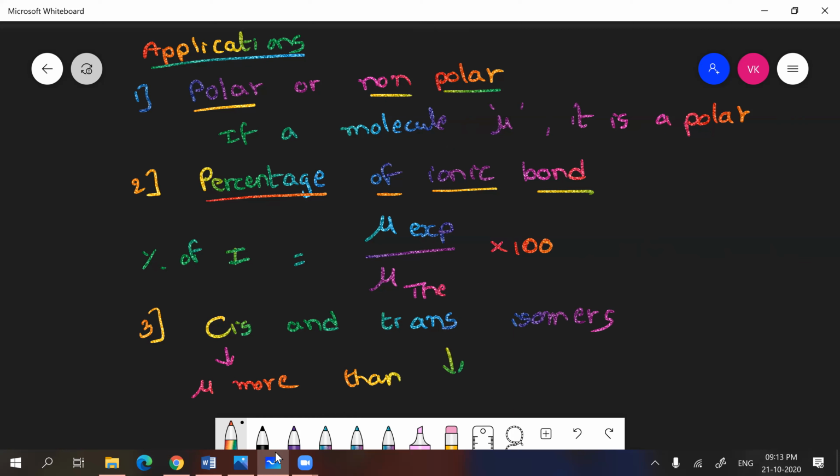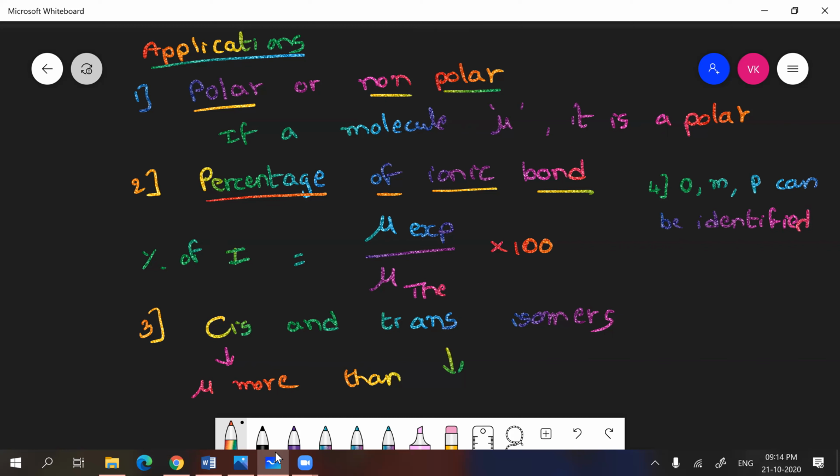Similarly, the fourth application I'm going to write here: ortho, meta and para compounds in aromatic compounds can be identified with the help of dipole moment.